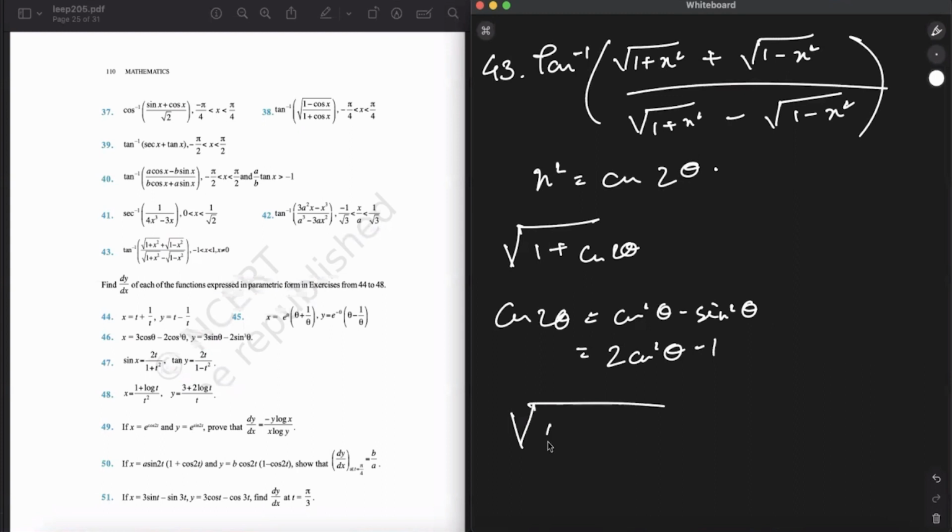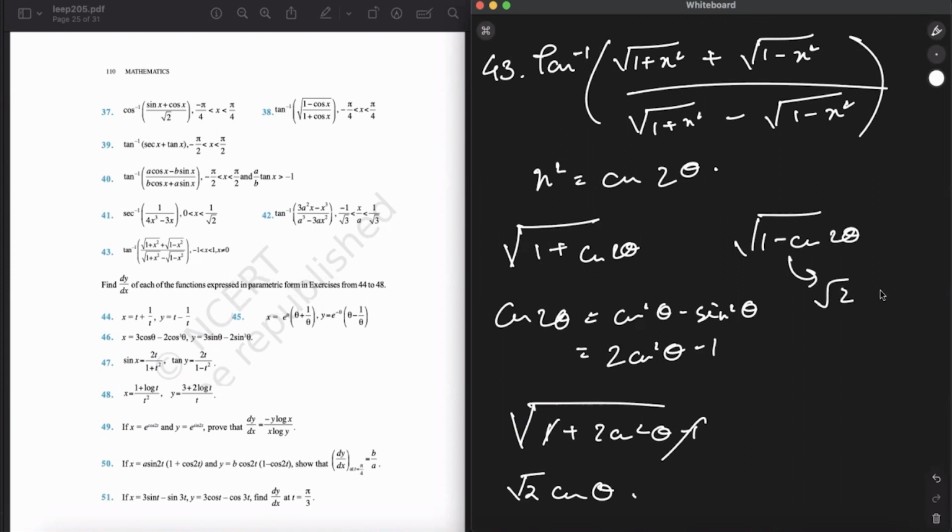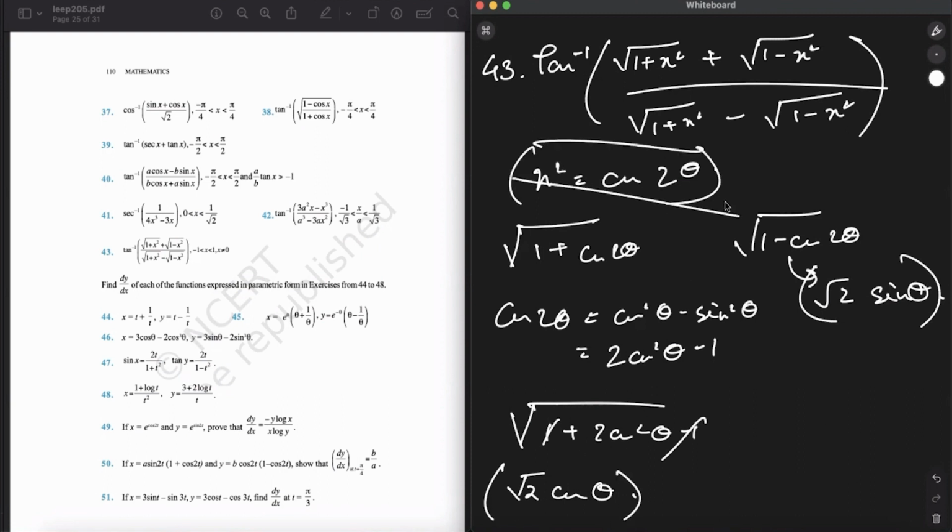So under root 1 plus 2 cos square theta minus 1, I'll be left with under root 2 cos theta. Similarly, under root 1 minus cos 2 theta will give me under root 2 sin theta. Got this? That is why I've chosen this.